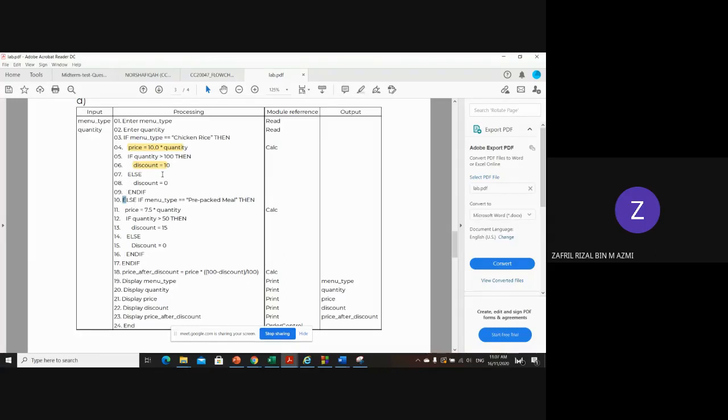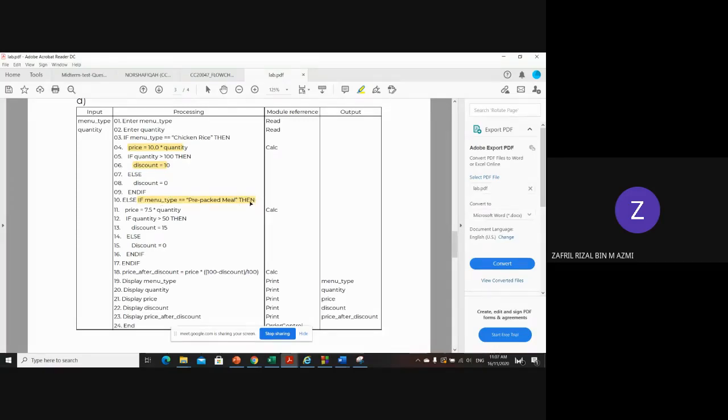But since you have only 2 conditions, it should be if, condition, and else. So there's no if here. This should be removed. This one should be removed. So it will be similar with the flowchart earlier.